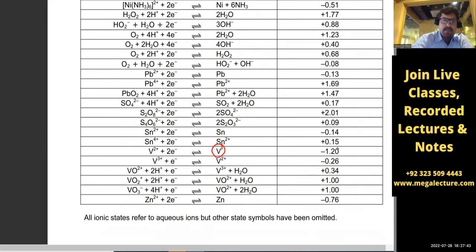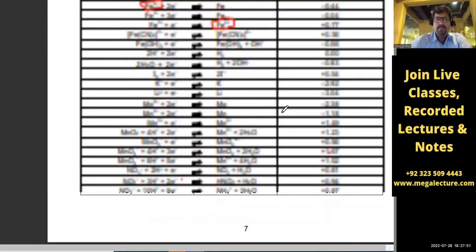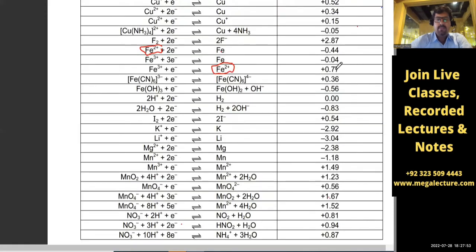It loses electrons, right? And look at the higher potential, 0.77. That gains electrons. Anyway, the reaction was with Fe3 plus. Let me correct that. The reaction was with Fe3 plus.